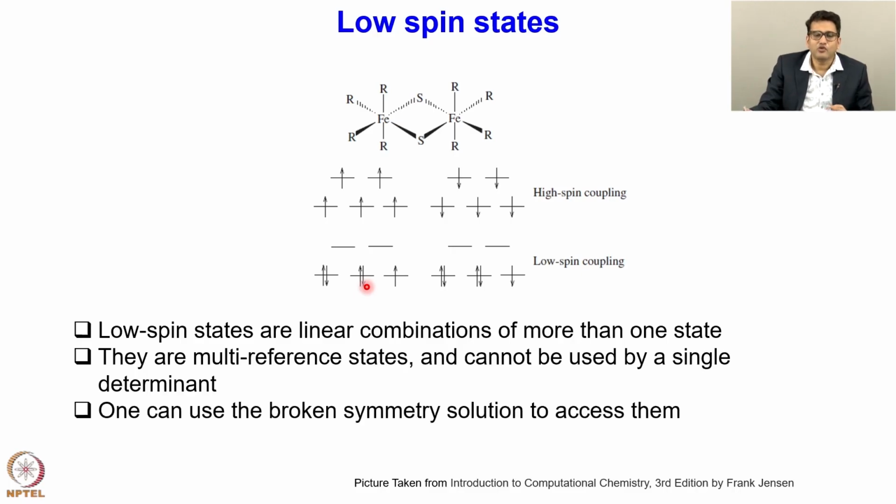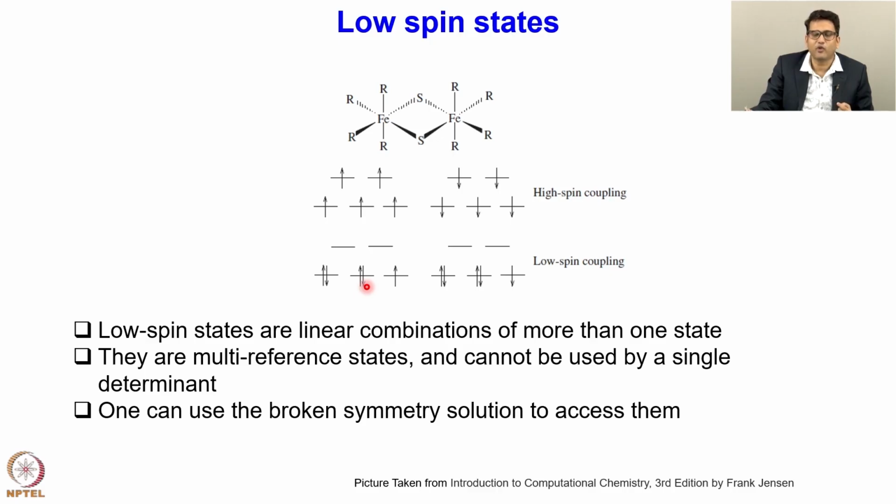You can use the unrestricted picture and use a broken symmetry solution to access them. So, broken symmetry Hartree-Fock is like a poor man's multi-reference SCF or MCSCF. It gives you easy access to some of these low spin states, but sometimes it becomes very difficult to find a few of the low spin states this way.